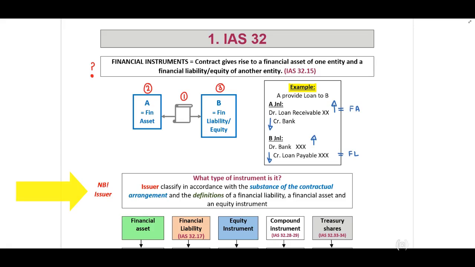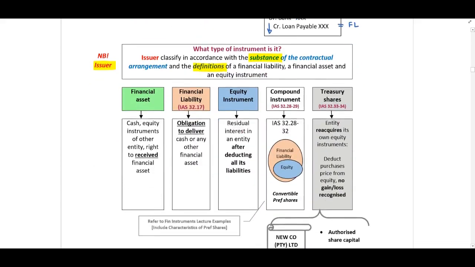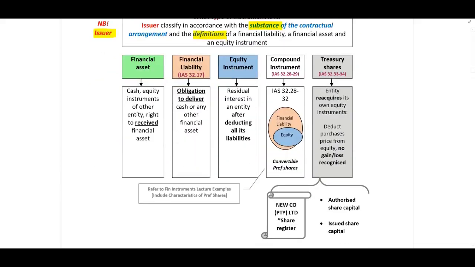Now, it is extremely important that you identify, from the issuer's perspective, how to classify the financial instrument in accordance with the substance of the contractual arrangement and the definitions of the following. Now, a financial instrument can either be 1. A financial asset.